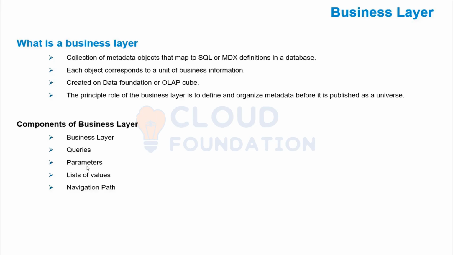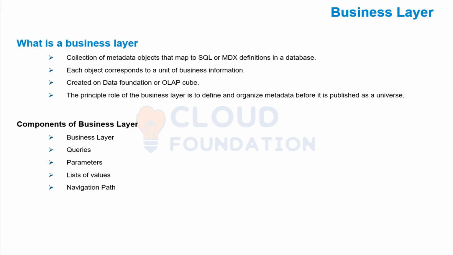These are the components of the business layer: queries, parameters, list of values, navigation path. A navigation path is like a hierarchy. If we have objects like region, country, state, city, that itself is a hierarchy. Similarly, under year we should have quarter, under quarter month, and under month date, respectively.